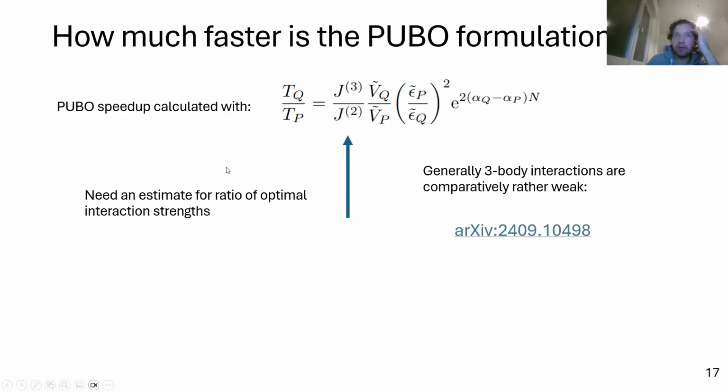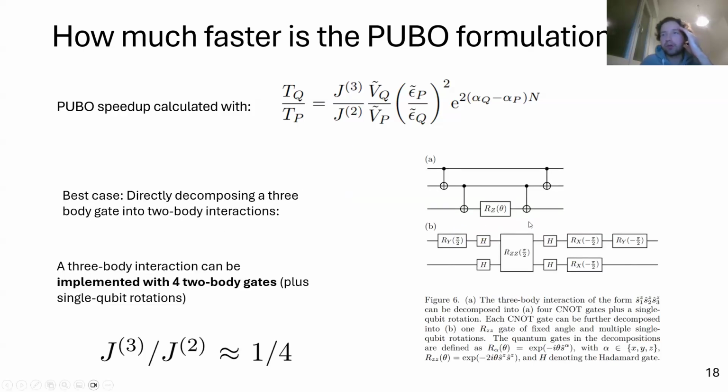But for this comparison, we looked at a more straightforward way, where we just considered a quantum gate circuit where we want to implement interactions of the form S1, S2, S3, a three-body interaction term. We can always implement this three-body interaction term with a circuit composed of 4 CNOT gates plus a rotation around Z. We can further, if we want, decompose the CNOT gates into RZZ rotations plus single qubit gates, which is the native gate set for some trapped ion qubit hardware.